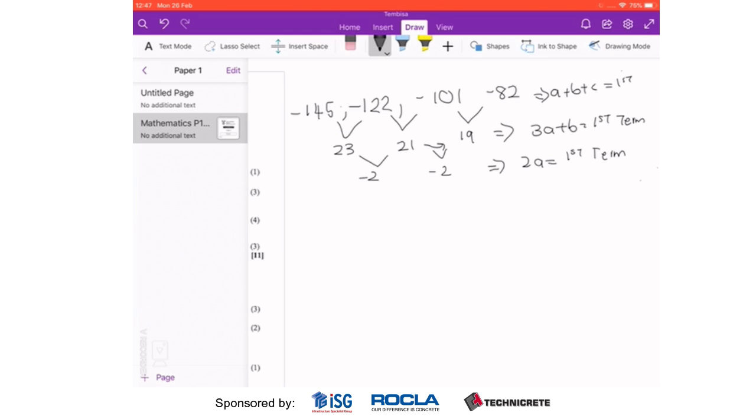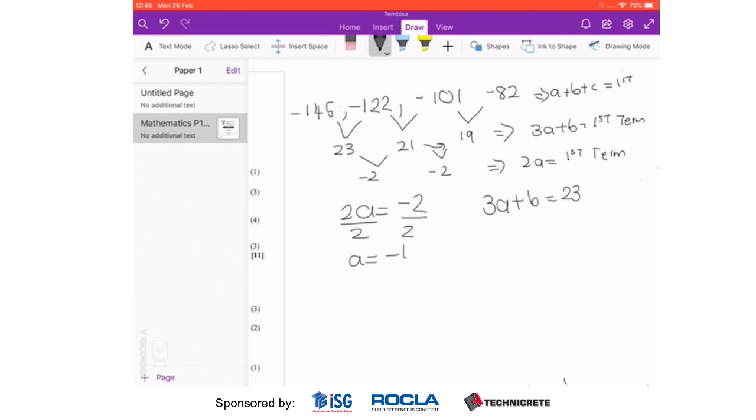So we've got 2A is equal to negative 2. We're finding A. Divide by 2. A is equal to negative 1. The next one, we're finding B now because we have A. 3A plus B is equal to 23.